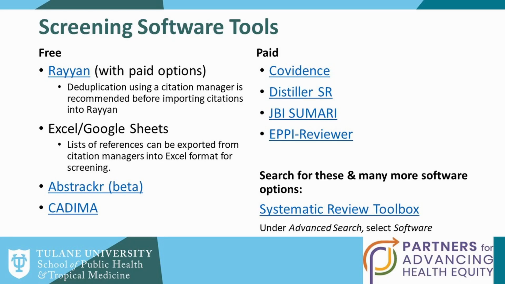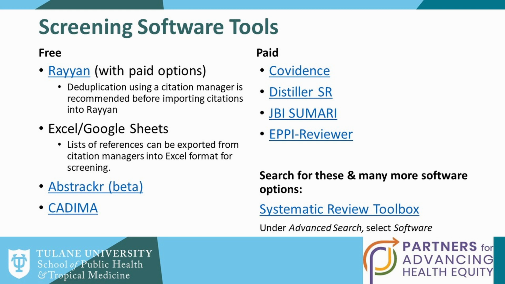Rayyan is one of the free options, and basically you import all of the citations, and it makes it easier to keep track of the screening process. Some people use Excel or Google Sheets, and especially if it's a smaller number of articles you're dealing with, that could be a great option.